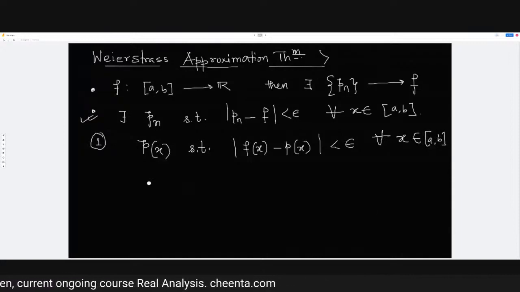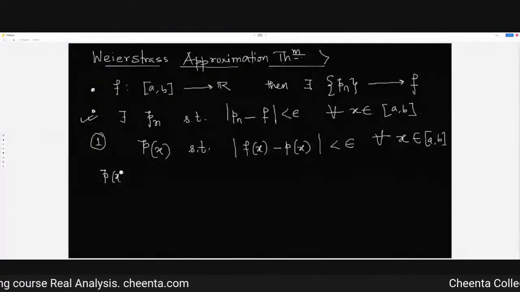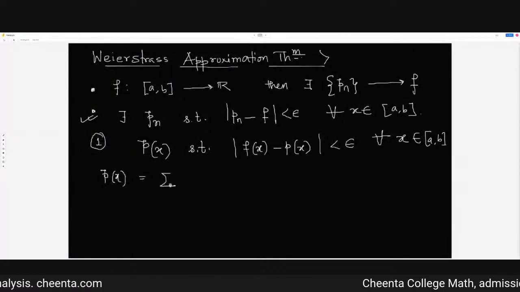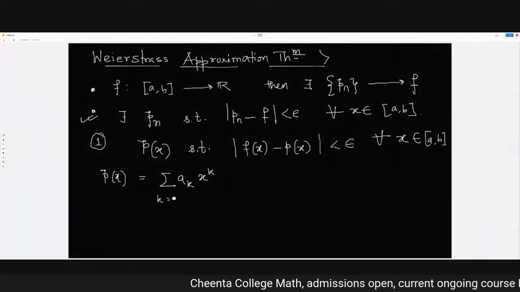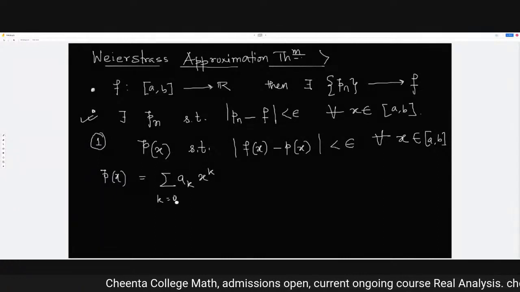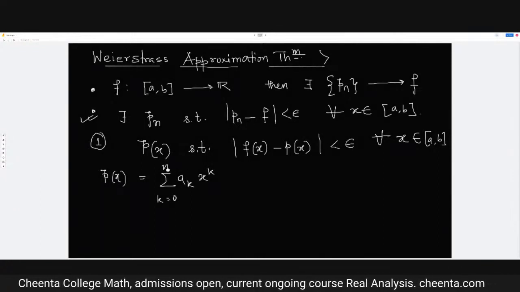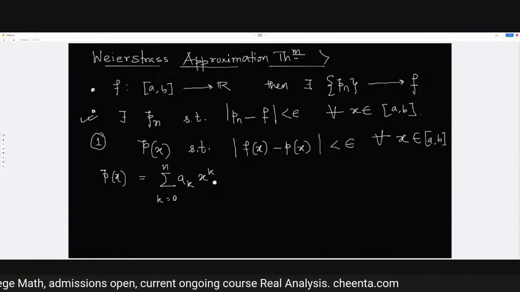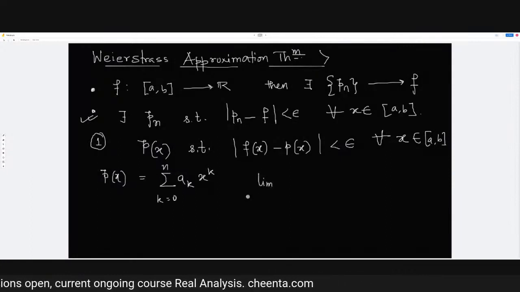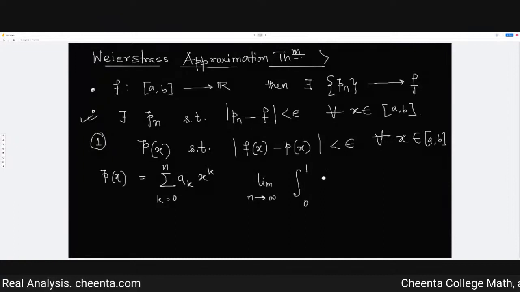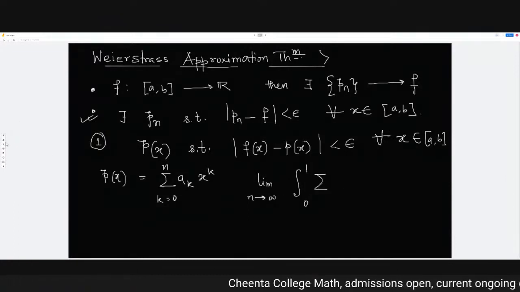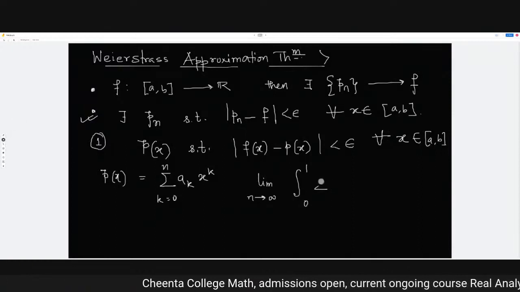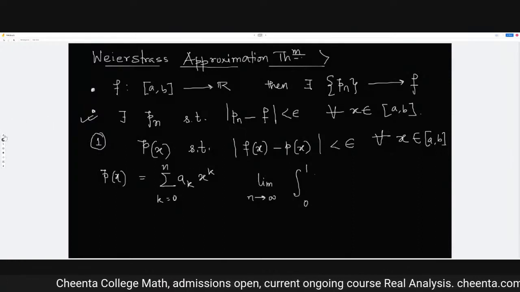Then if I take my p(x) to be of this form, let's say the sum of a_k x^k, k equals 0 to n, and you just replace this in this integral, limit n tends to infinity, 0 to 1. Just a second, there is the n x^n also there.